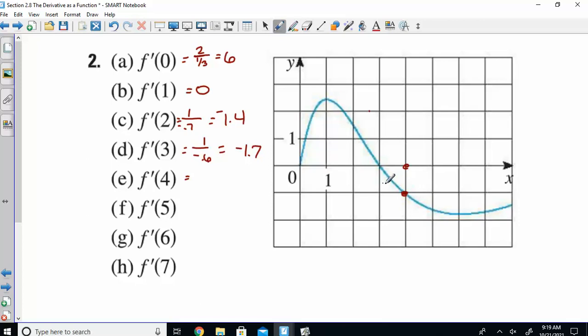So my x is 4. Okay, looks like this is kind of leveling out a little bit. If I take 2 points, rise over run, looks like I go up about 0.5, backwards 1, so we get a negative 0.5.